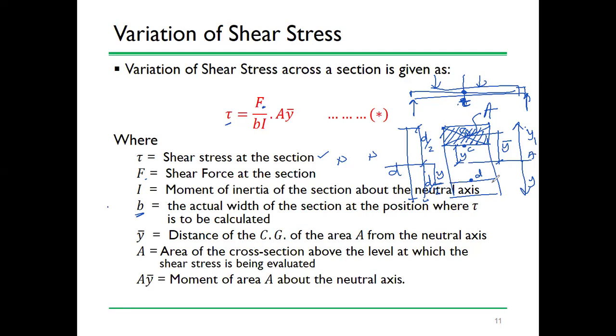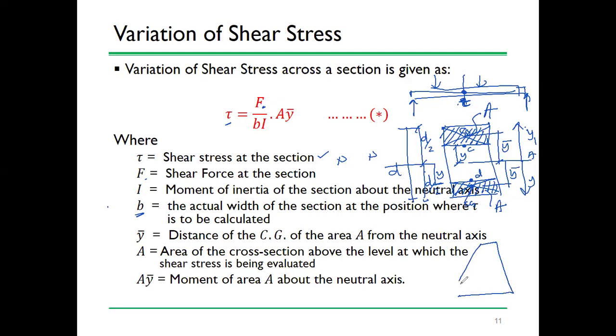The area from the y all the way to the extreme part of the section is my capital A. Like we see, this is a rectangular area, so the center of gravity is in the middle. From the center of gravity of this area to the neutral axis is my y bar. I think that is clear enough.